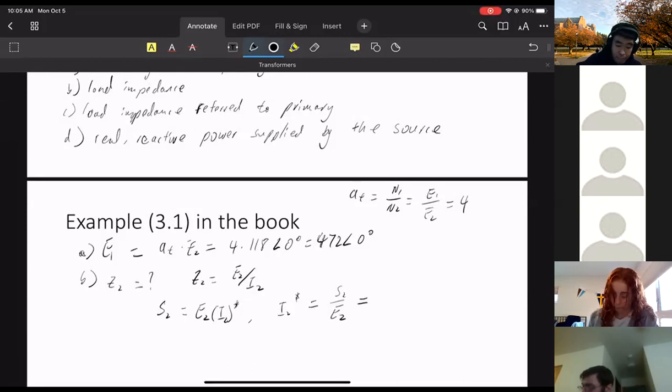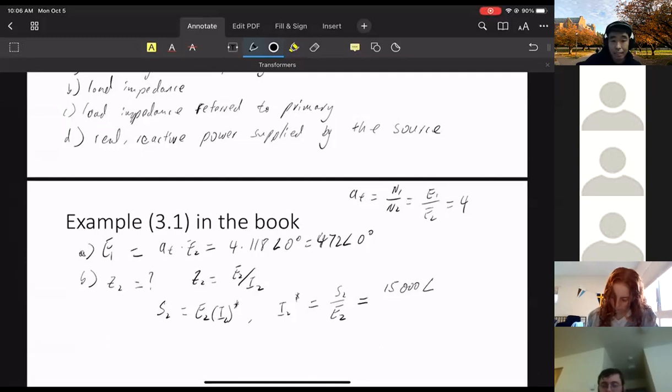So S2, we said the complex current or apparent power, is 15 kVA with a power factor of 0.8 lagging. So what that means is, if we have a lagging power factor, what is the angle of this?